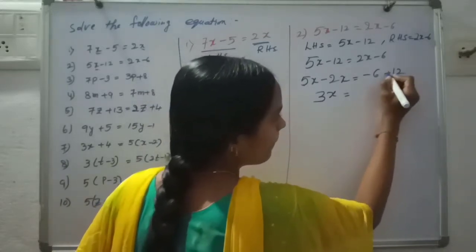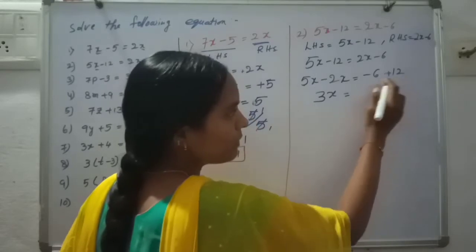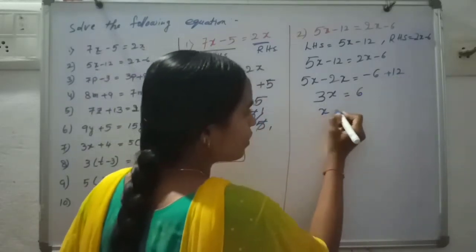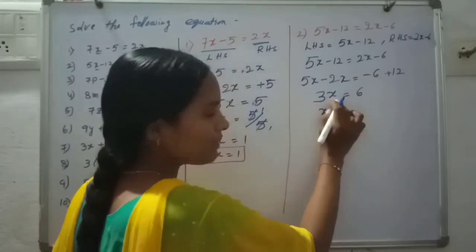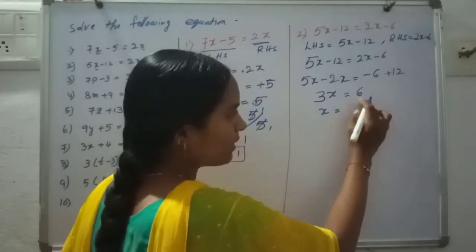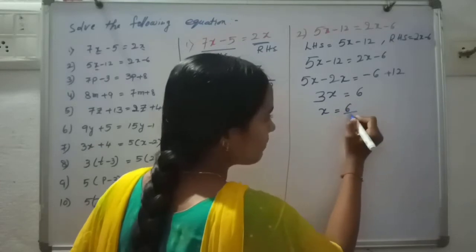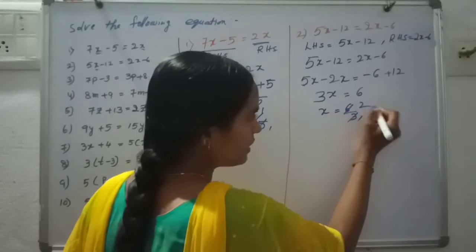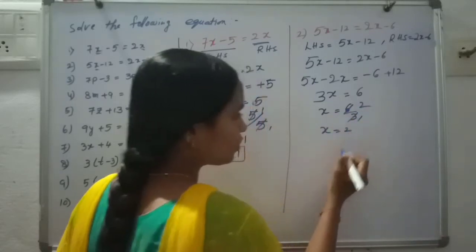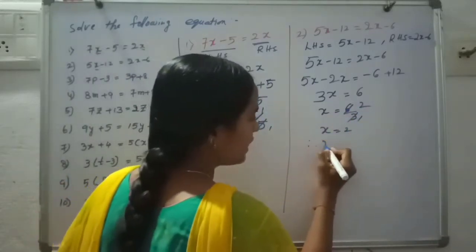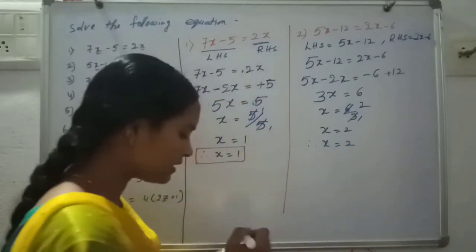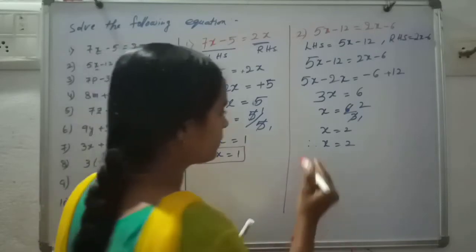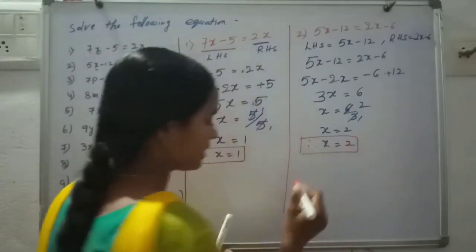Then plus 12 minus 6 comes to 6. 3 multiplied with x, then goes to the RHS. 6 divided by 3. 3 ones are 3, 3 twos are 6. X is equal to 2. Therefore x is equal to 2. It is the value of variable x, 2. Okay, the simple equation is completed.